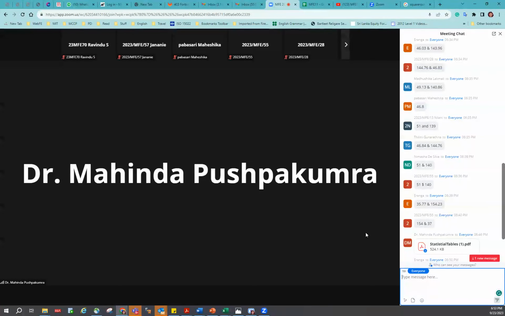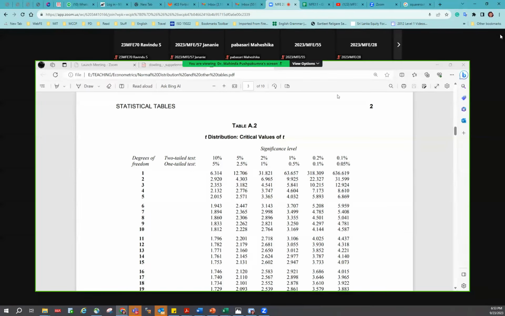Then when you are reading the T table, you have to consider degrees of freedom and level of significance. Let's say now we construct a 95% confidence interval. Then we use this 5% column.